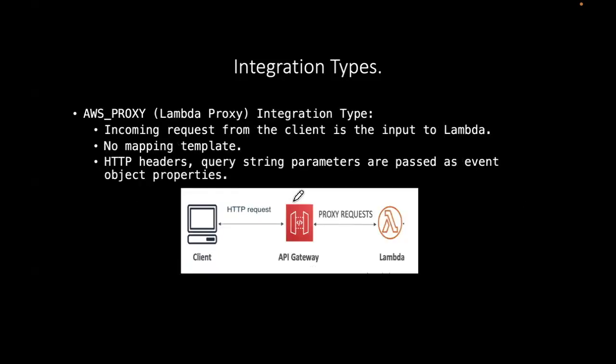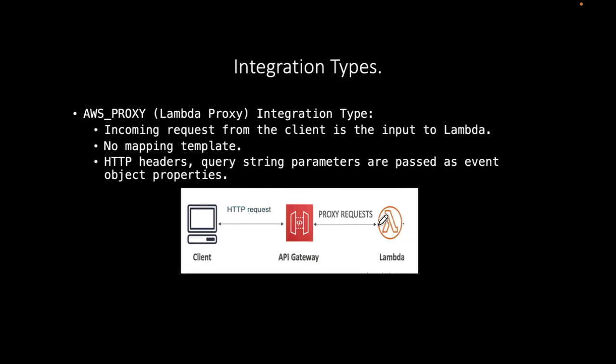The next one, which is the one that we will be using most often, again has multiple names. It's called AWS Proxy. It's also called Lambda Proxy, which is probably the best name to give it. This integration type is specifically for when the backend is actual Lambdas.